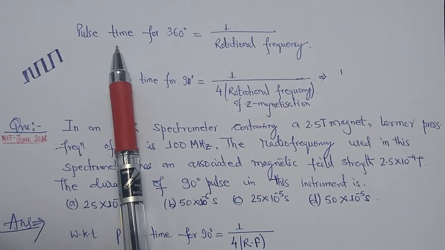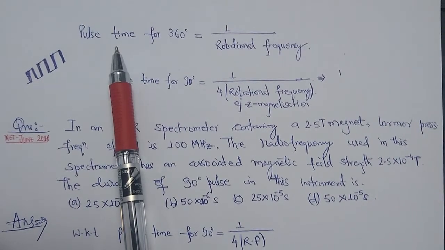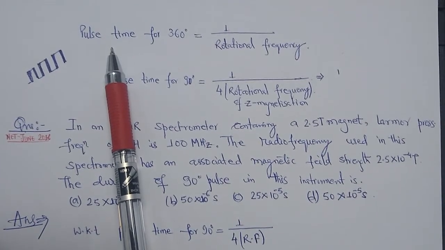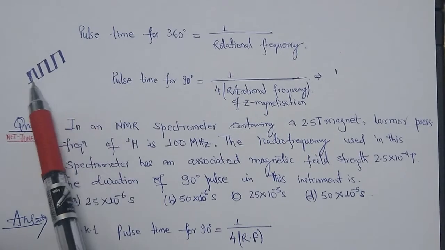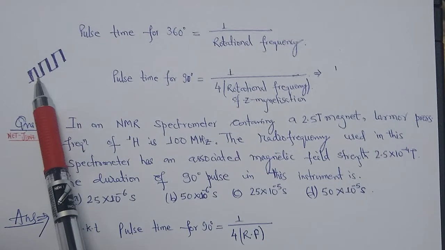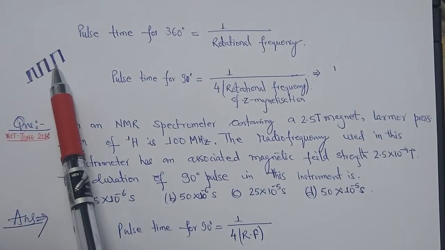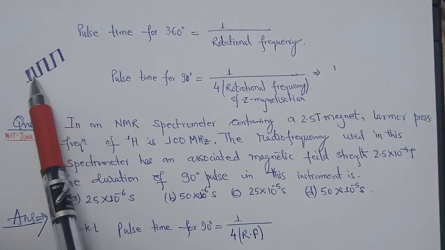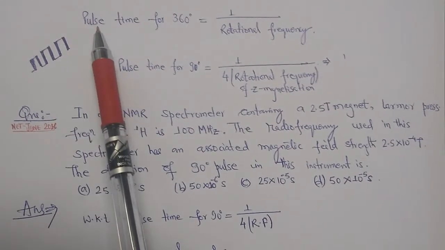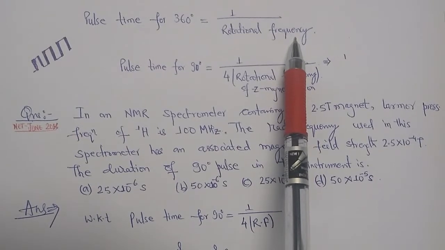Pulse time can be calculated using the magnetic field associated with the radio frequency, that is B1, the rotational frequency of Z magnetization. As we have seen above, to align Z magnetization towards the x-axis for the NMR signal, we have used the radio frequency in a pulse form like this. So the pulse time for 360 degrees equals 1 by rotational frequency.